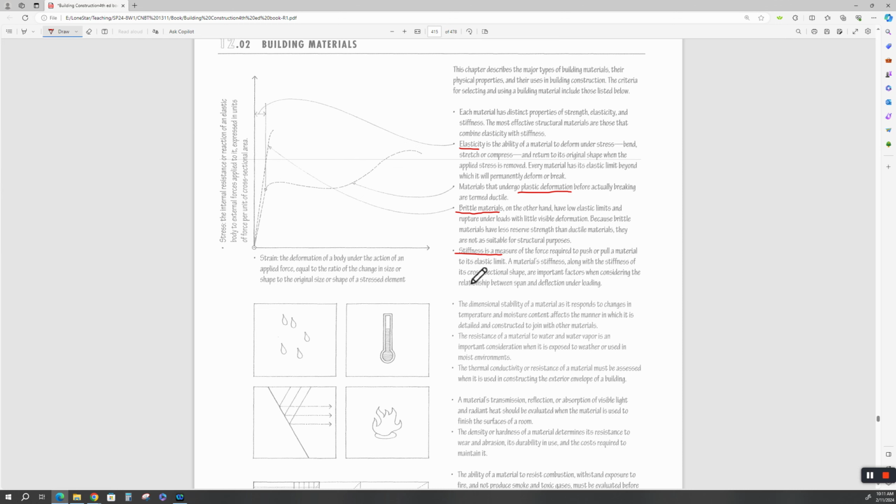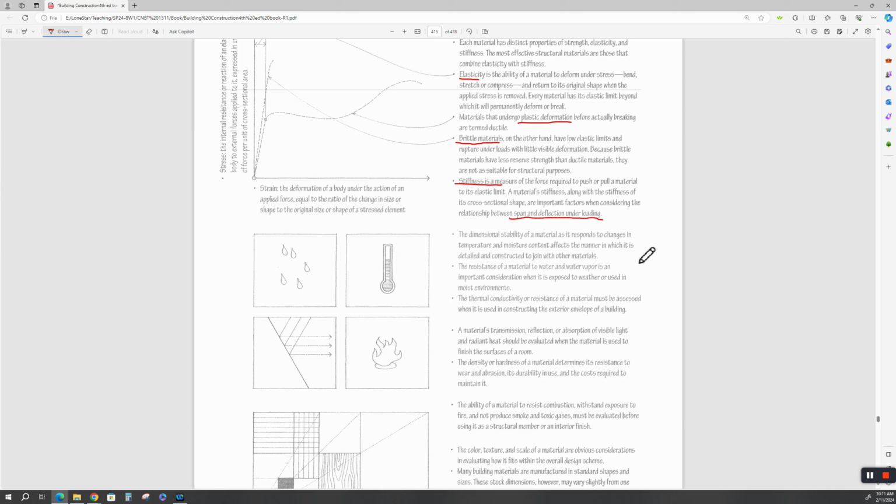A material's stiffness, along with the stiffness of its cross-sectional shape, are important factors when considering the relationship between your span and deflection under loading. This is the deflection of beams and columns and stuff like that. It's the engineering stuff, but you need to get a good grasp so that you can talk intelligently to your structural engineers.